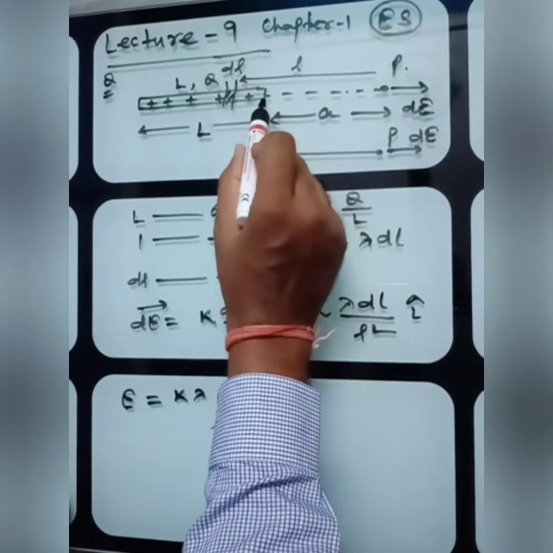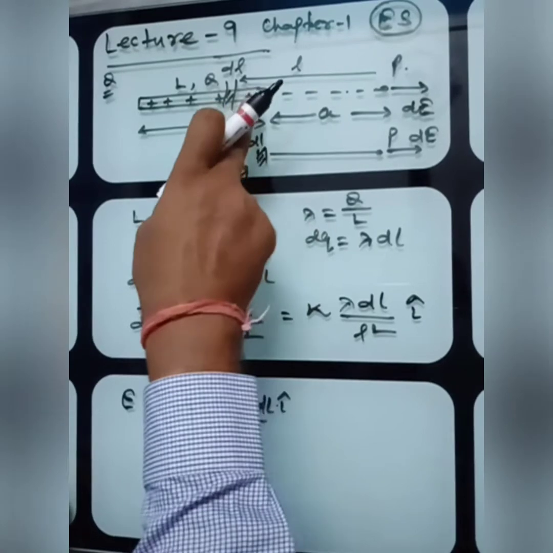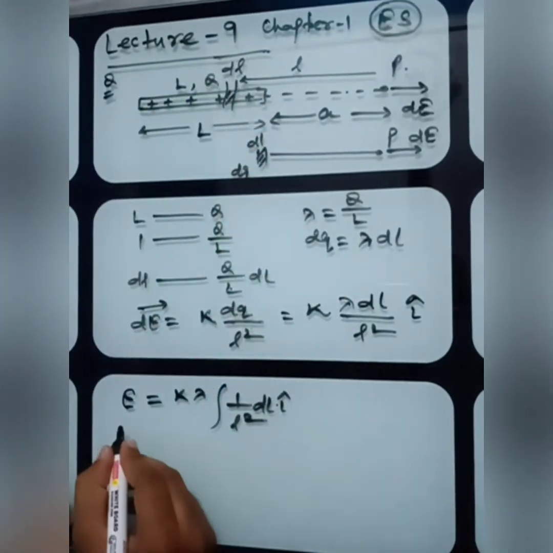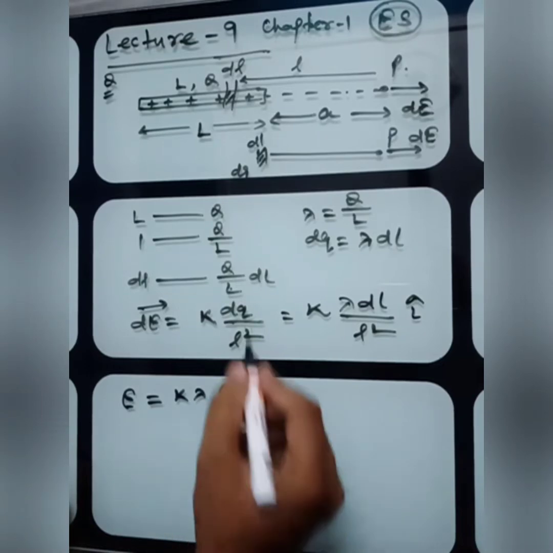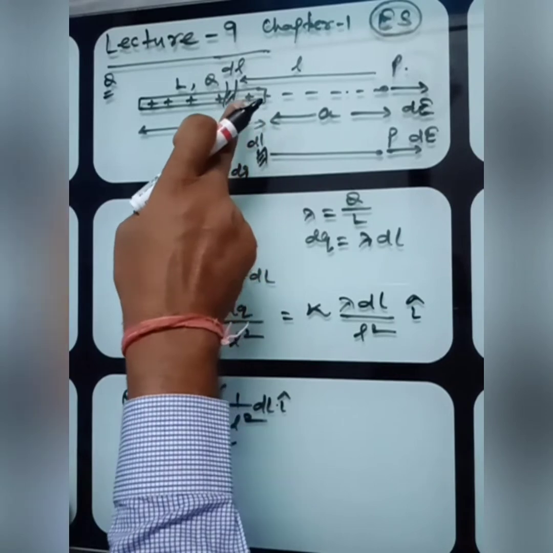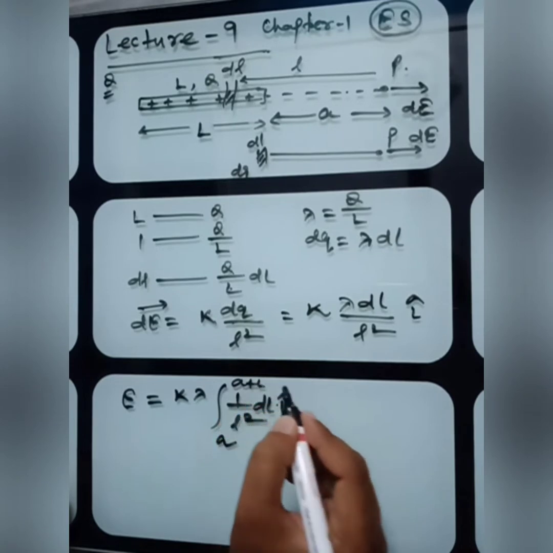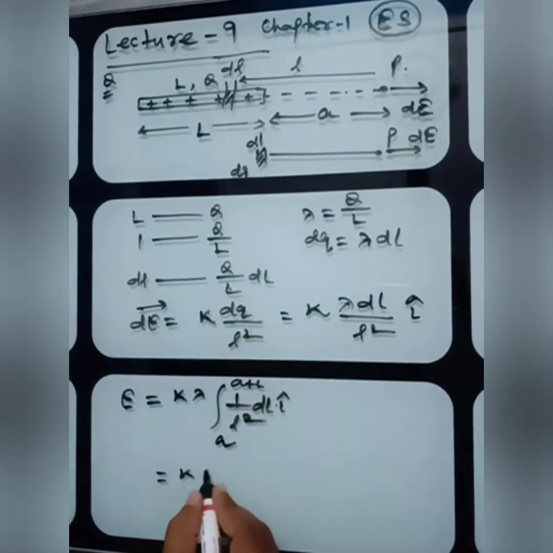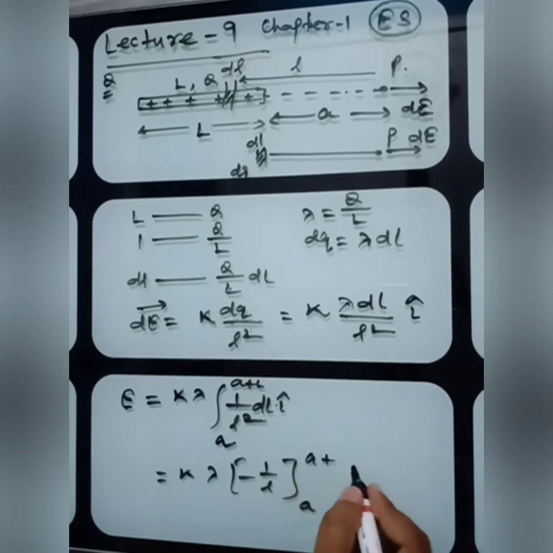Of course, before A the rod will not give electric field, because the rod is starting from this point A. So the electric field will be 0 at point A, and the maximum electric field, we have discussed the complete rod, is at distance A plus L from P. So K lambda, minus 1 by L, the integration of 1 by L square, integrating from A to A plus L, gives Newton per coulomb. You can find the answer.